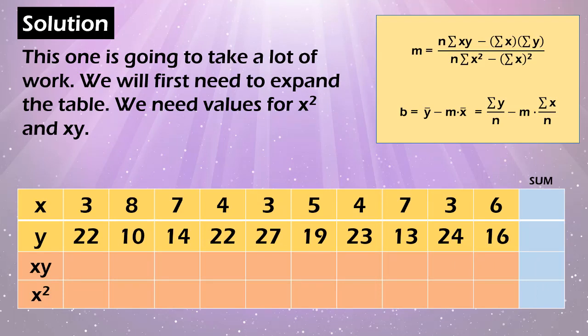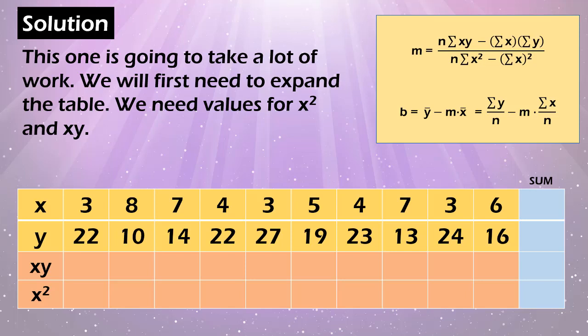So we have the row for x's, the 3, 8, 7, 4, 3, 5, 4, 7, 3, 6, the row for y's, which is 22, 10, 14, 22, 27, 19, 23, 13, 24, and 16. We've added a row underneath for x times y and a row for x squared. And we've put a column at the end for the sum because we're going to need to know the sum for each one of those rows.